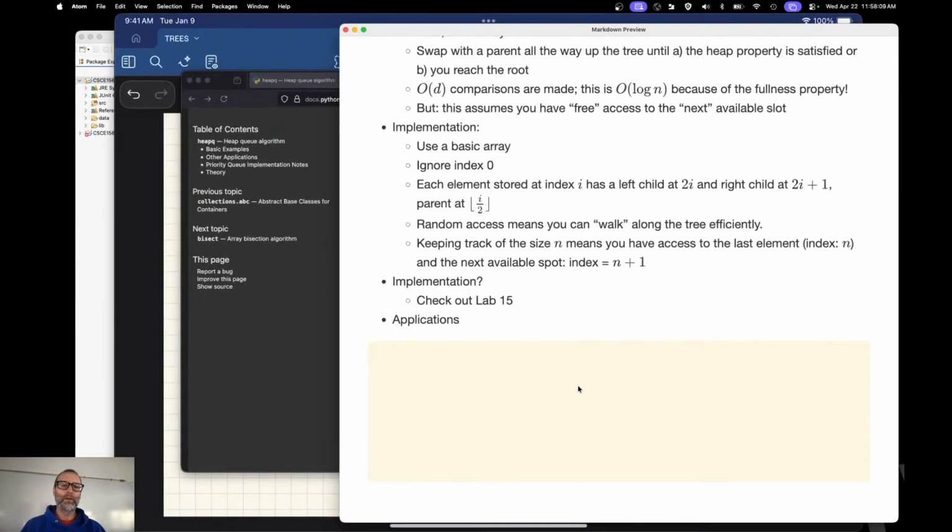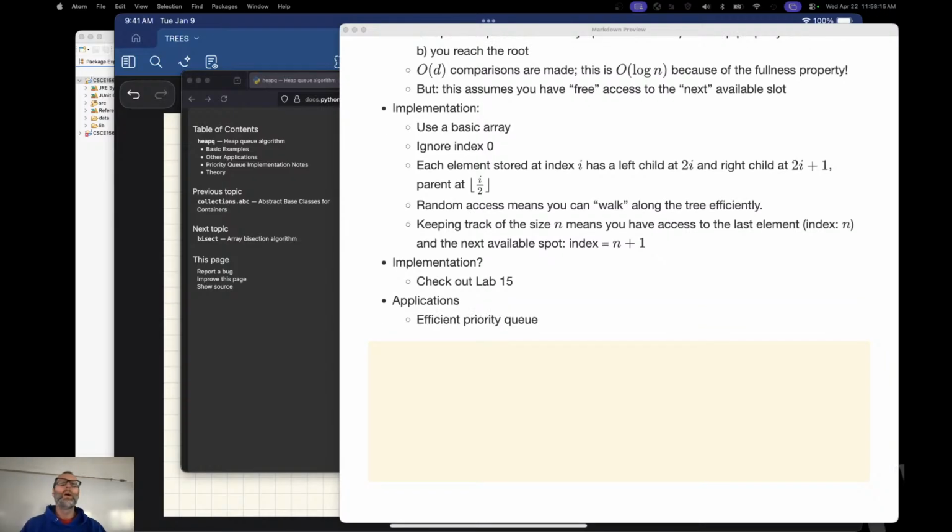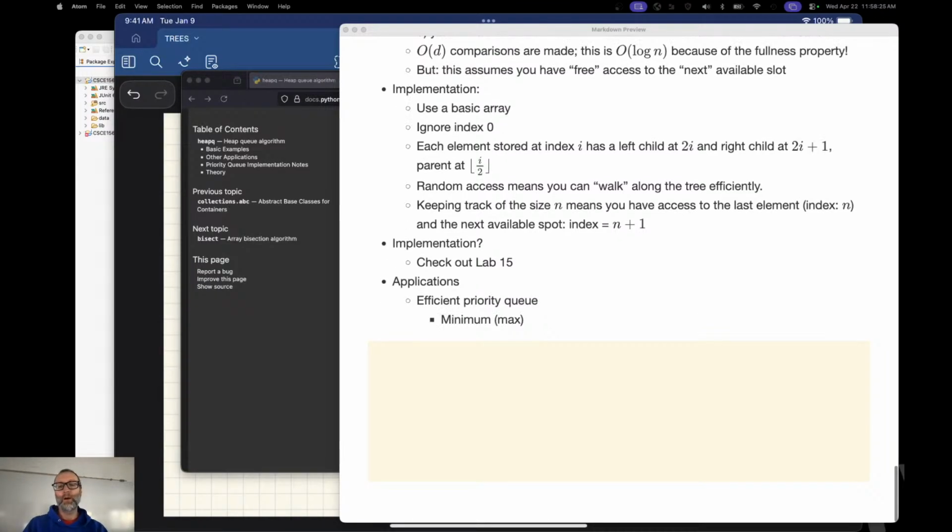Applications, all right? Our first application is going to be an efficient priority queue. Why is it an efficient priority queue? Yep, minimum is always at the top. Minimum or max priority is always at the top, right?